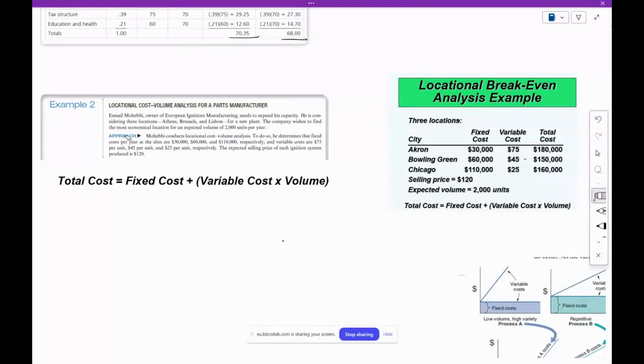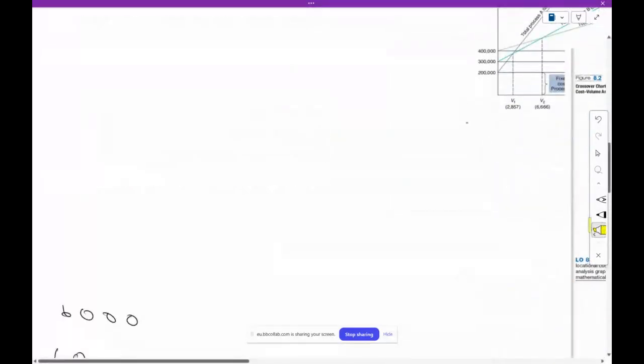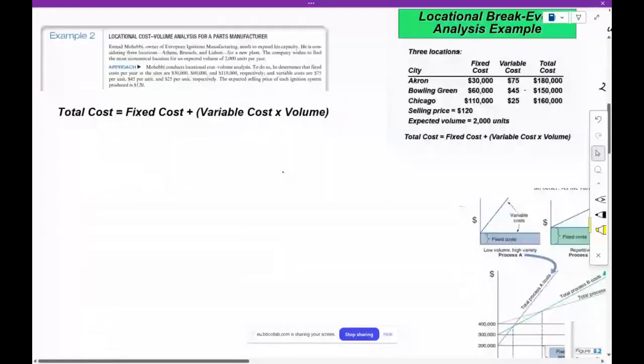And they did mention that you look at variable cost and fixed cost per location. And the rule of high fixed cost, low variability, high variability and low fixed cost still applies. Don't know how they really determined that. Don't ask me. It's something that we need to investigate.